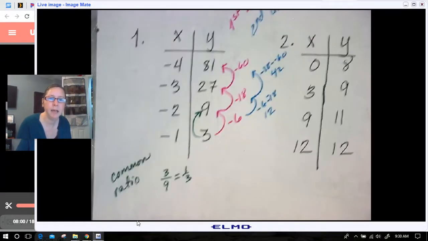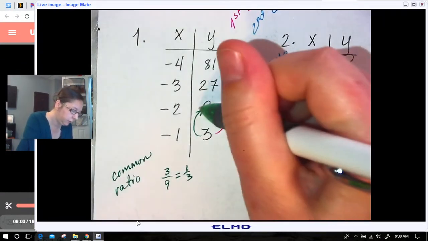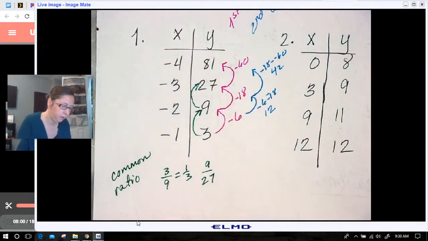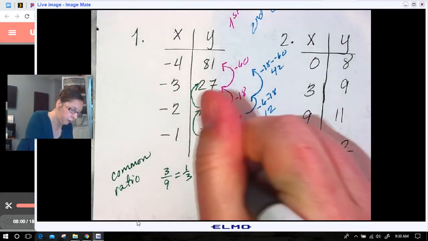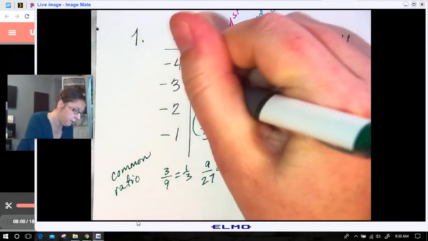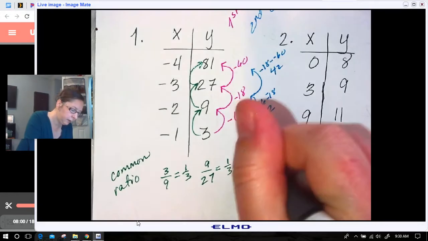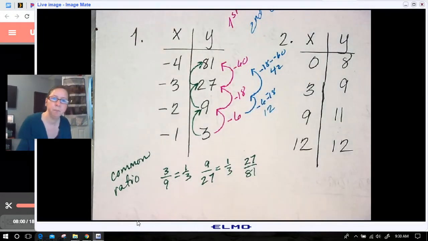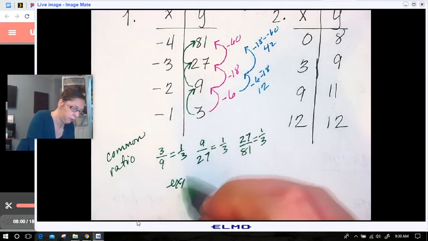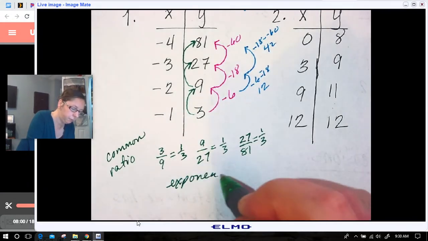Then I do it again: 9 over 27 is also 1/3, and 27 divided by 81 is also 1/3. So this function is exponential.